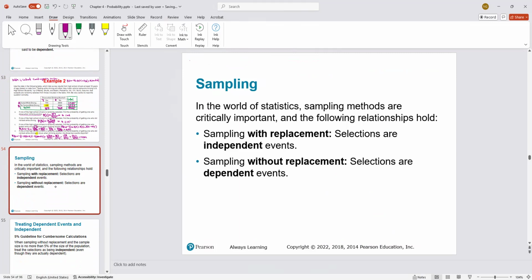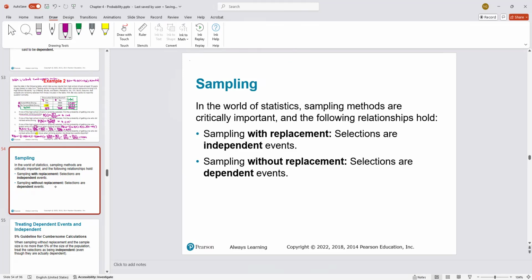Sampling with replacement, selections are independent events. With replacement, that means, in a standard deck of 52 playing cards, you select a king with replacement, and you select another king, or you can select a red card.